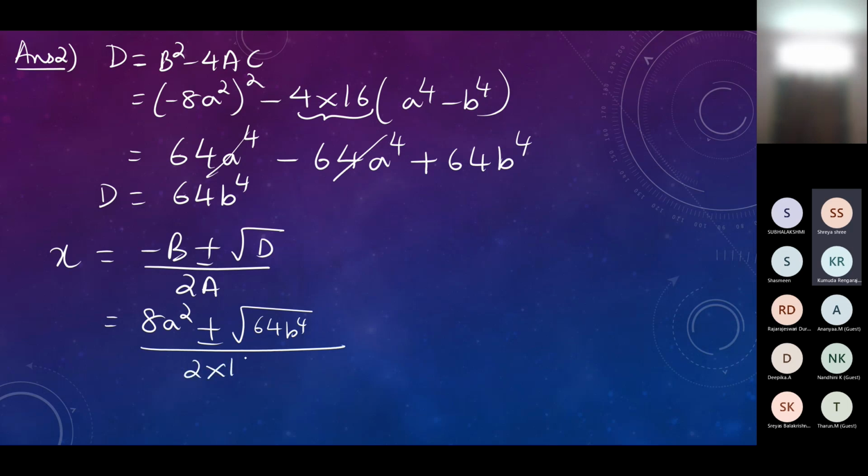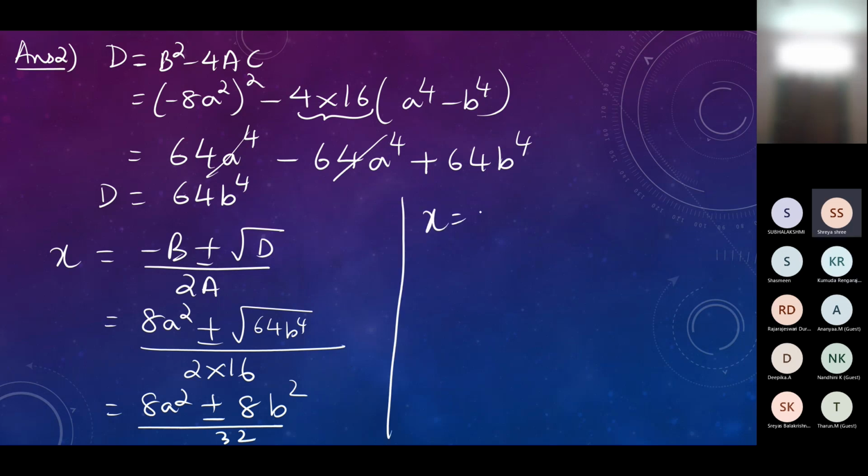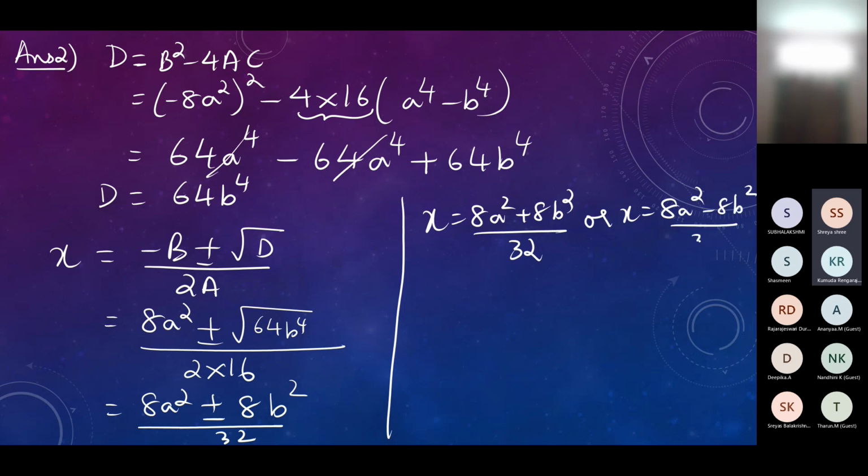So this is (8a² ± 8b²) divided by 32. So x is equal to (8a² + 8b²)/32, or x is equal to (8a² - 8b²)/32.